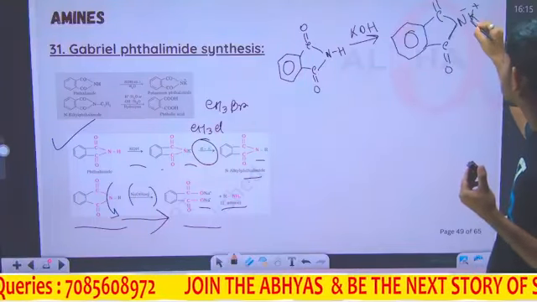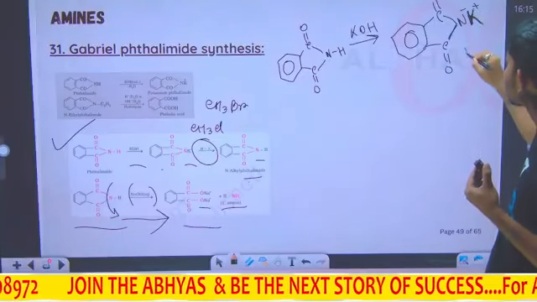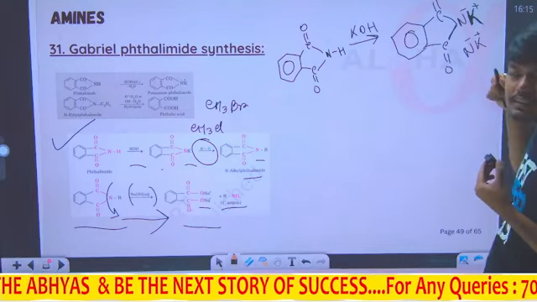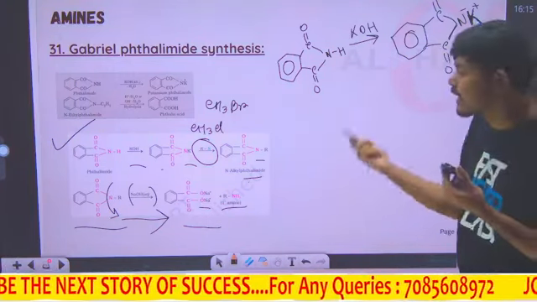And this K plus is not actually attached. There is a difference between writing NK and N minus K plus, because it indicates that this group will eventually leave and your alkyl group will get attached.